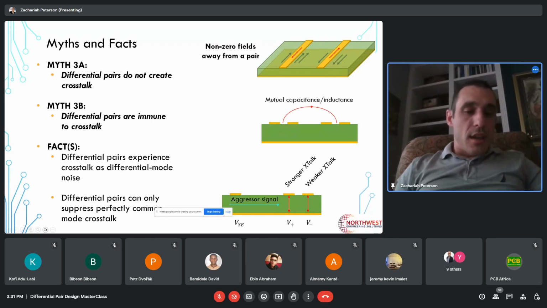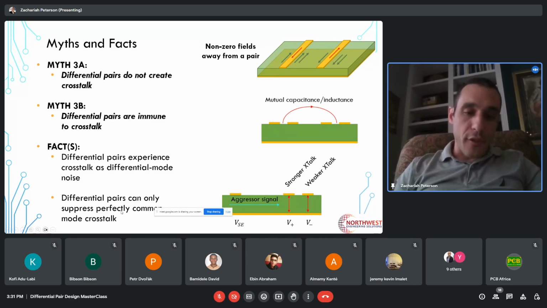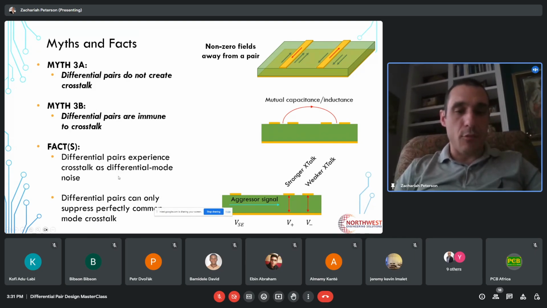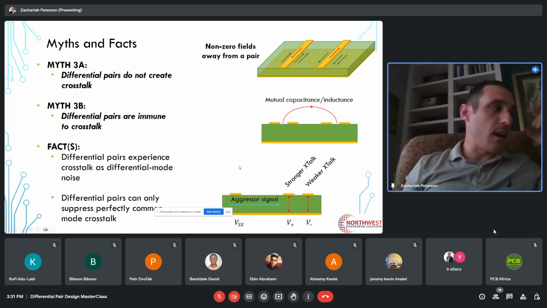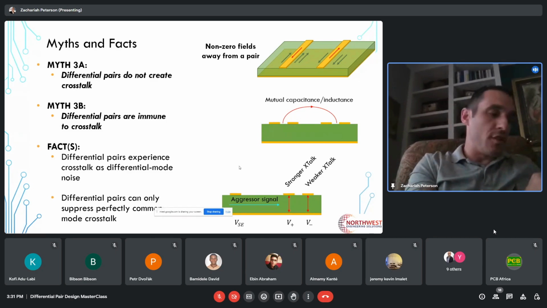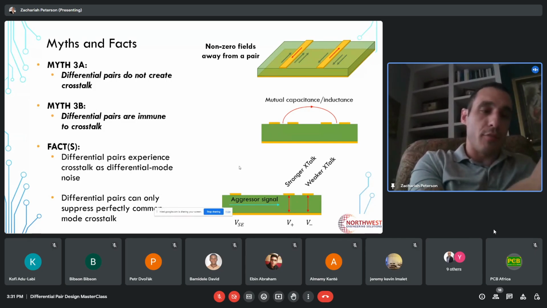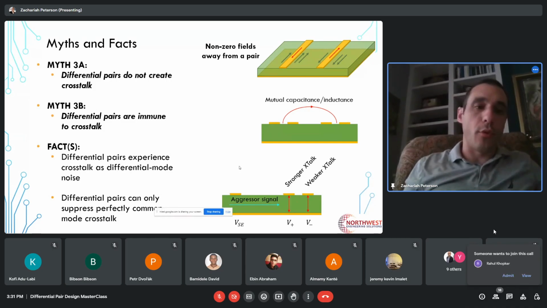So differential pairs can only perfectly suppress common mode crosstalk. That's an important point to note. And this will become important again when we talk about mode conversion. Mode conversion is very important because it relates to the conversion between common mode and differential mode noise.